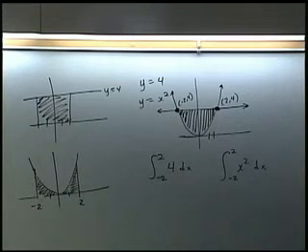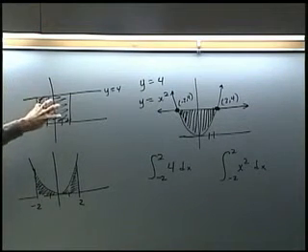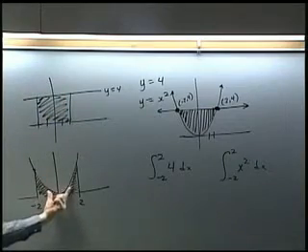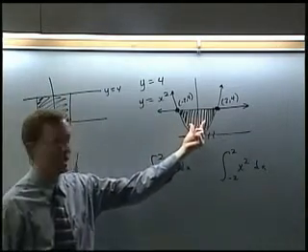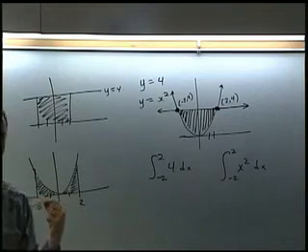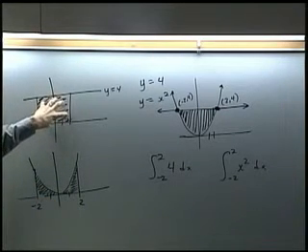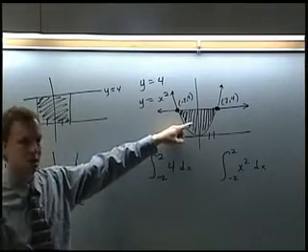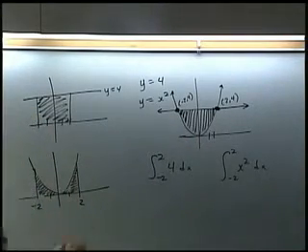The reason I took all this time to draw out these pictures is I want us to make a comparison between this area right here, this area down here, and then this area in here. If I know this answer, and if I know this answer, how can I get this answer over here? I just have to subtract them, don't I?